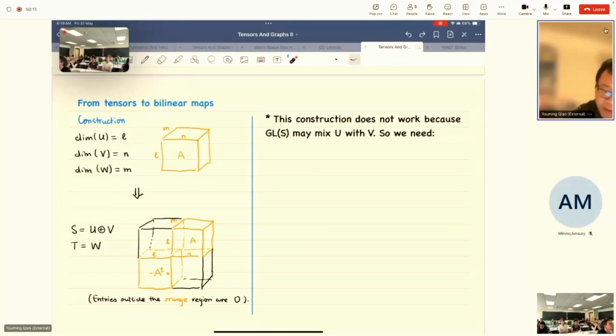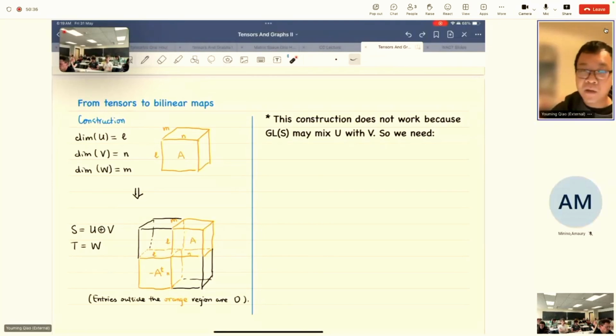I mean, look at the frontal slices, you do the inverse and transpose. You put the other block on this side, so you get this n plus L by n plus L by M tensor, or three-way array. So now we have gone from tensors to bilinear maps.